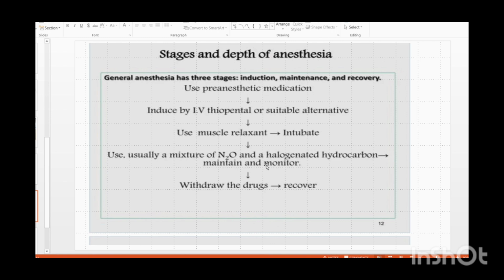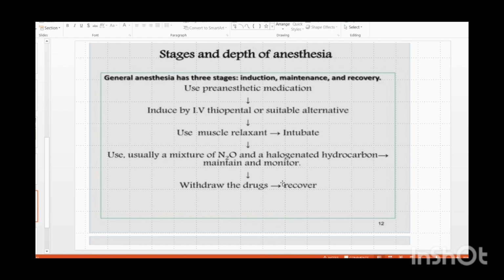And they'll start monitoring. Once the surgery is over, we have to reverse those muscle relaxants by using drugs like neostigmine plus glycopyrrolate. Then that period is called the recovery period.